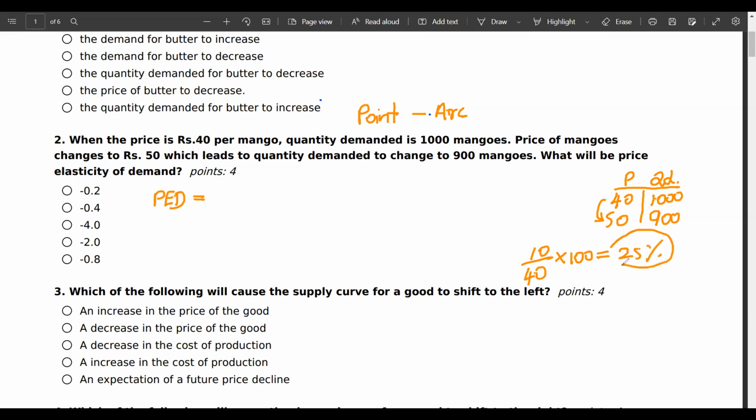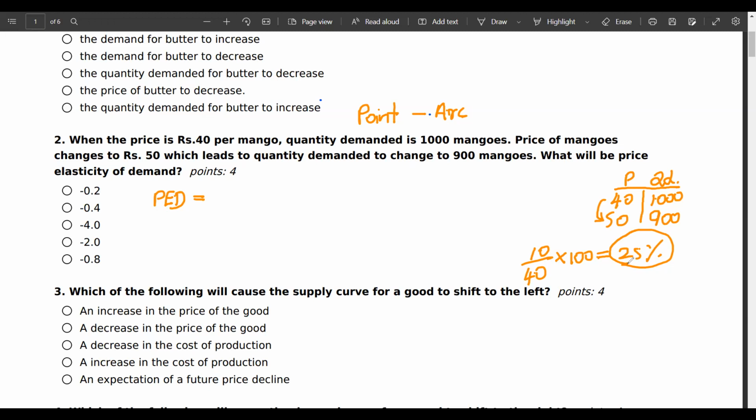Now, generally, this is how it works. If the percentage change in price is around 20-25%, I'd recommend you go with the point method. Anything above that, like 30%, 35, 40, 50, 70, 100%, anything above this 20-25 range, I would recommend you go with the arc method.